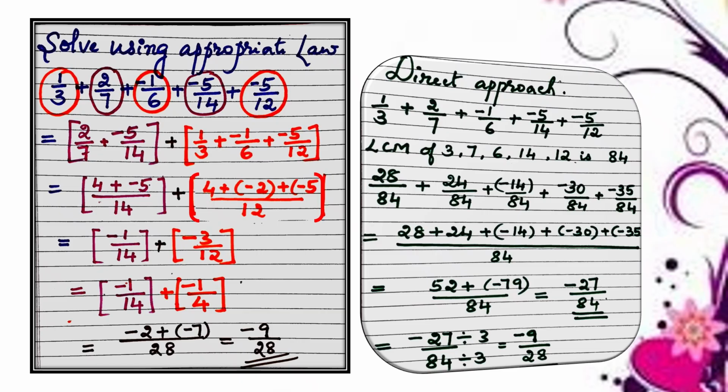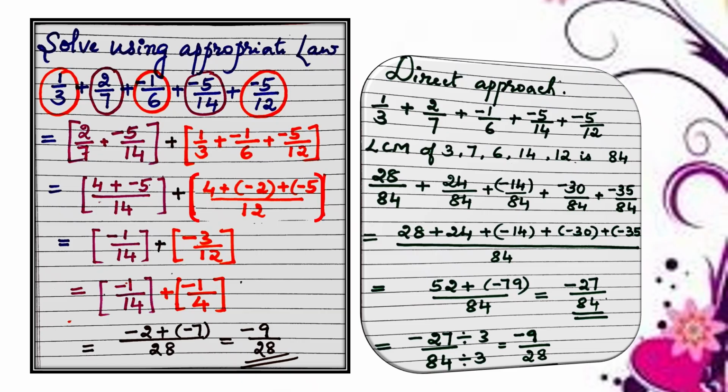You will get minus 3 by 12, which is nothing but minus 1 by 4. So the sum of the orange circled rational numbers comes to the answer minus 1 by 4. Now let us take the two rational numbers which we have not taken, that is 2 by 7 and minus 5 by 14. Having the denominators 7 and 14, the LCM is 14.